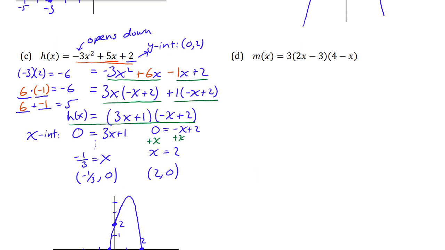Looking at this next one, this is already in factored form. To get it into standard form, let's distribute the 2x minus 3 into the 4 minus x using regular old FOIL method.